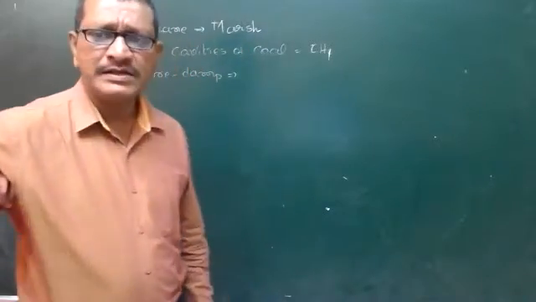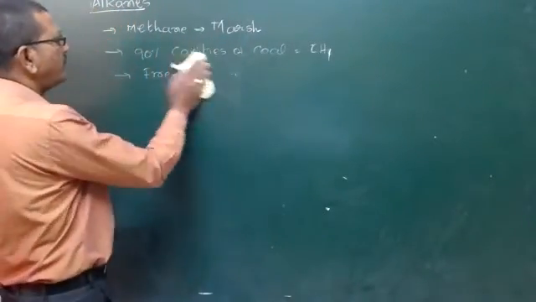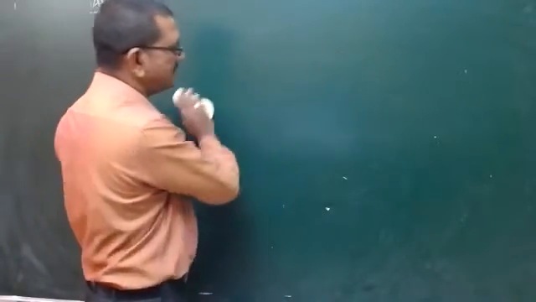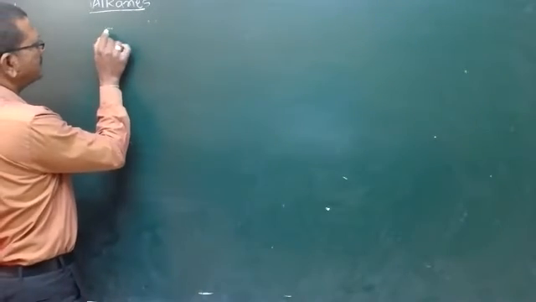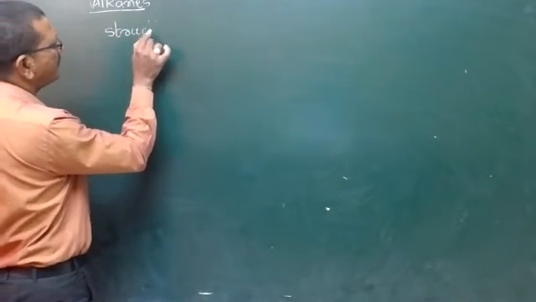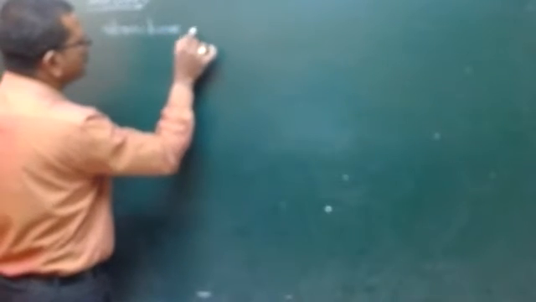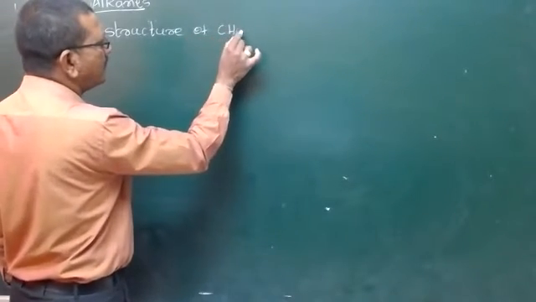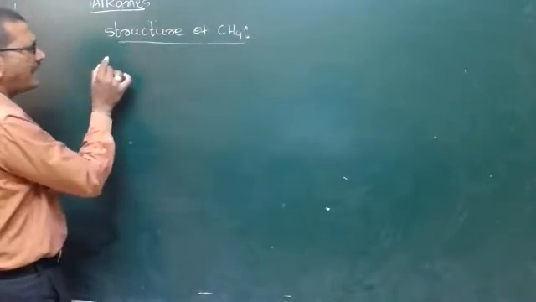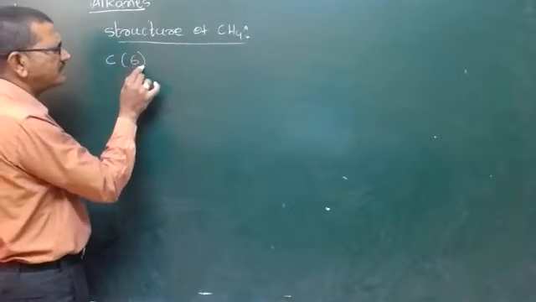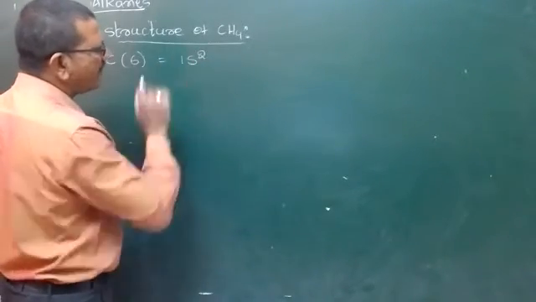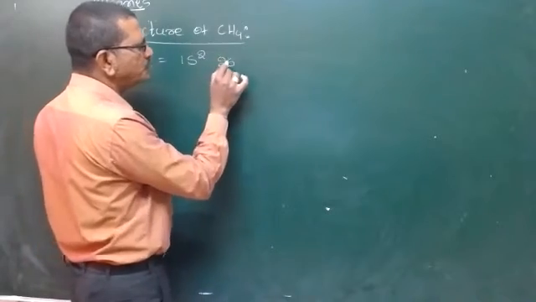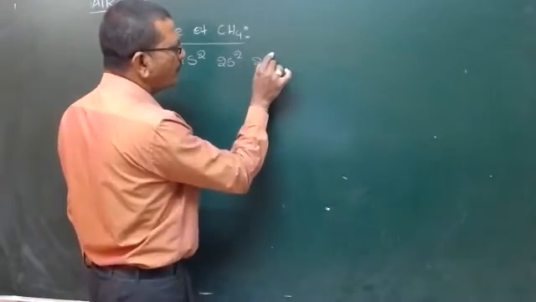The next topic is the structure of methane and ethane. First, the structure of methane. What is the atomic number of carbon? 6. The electronic configuration is 1s2, 2s2, 2p2.